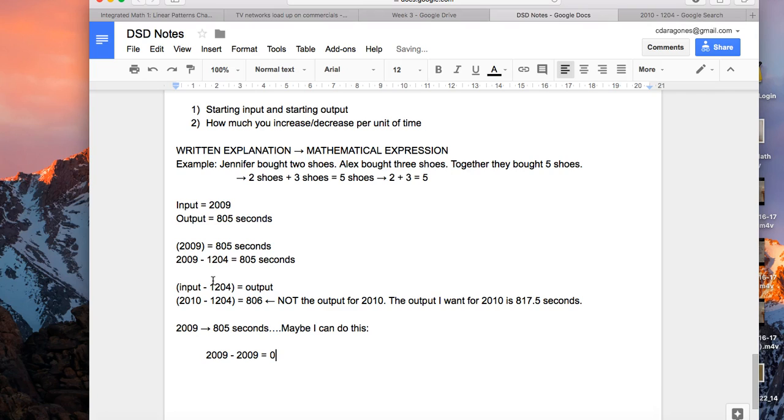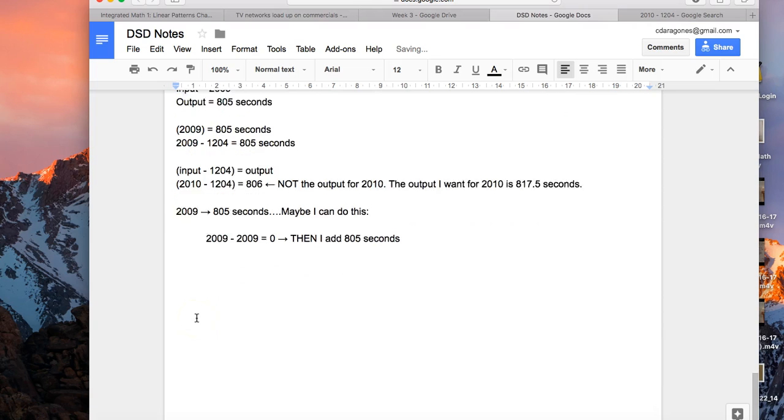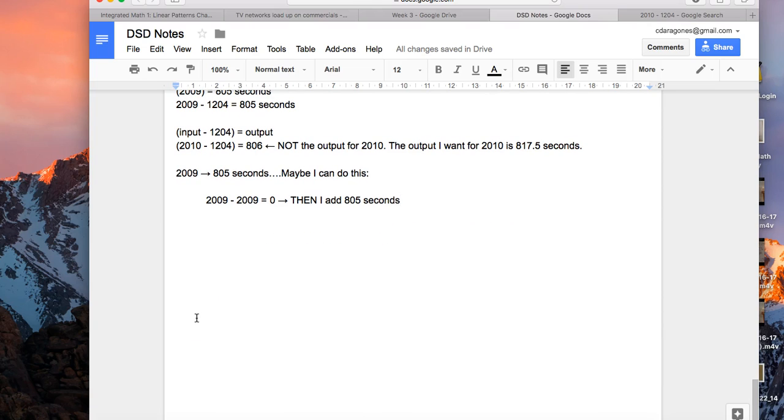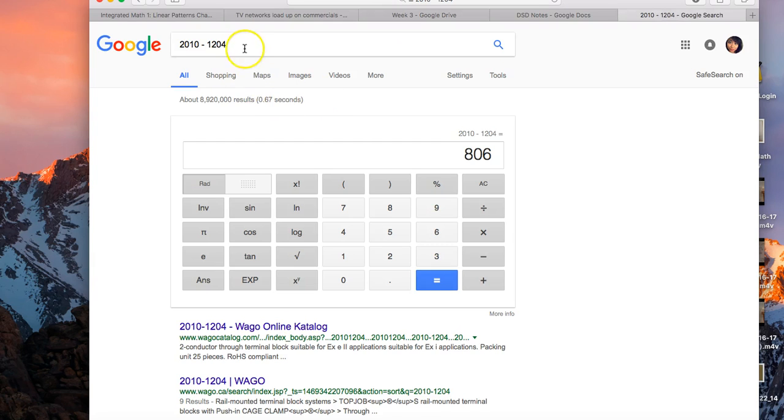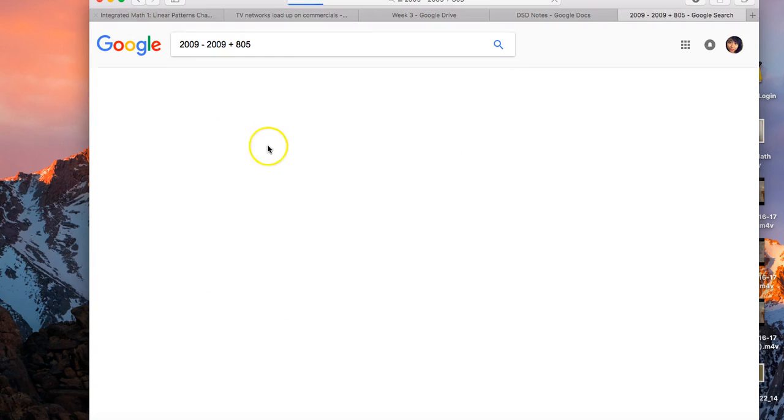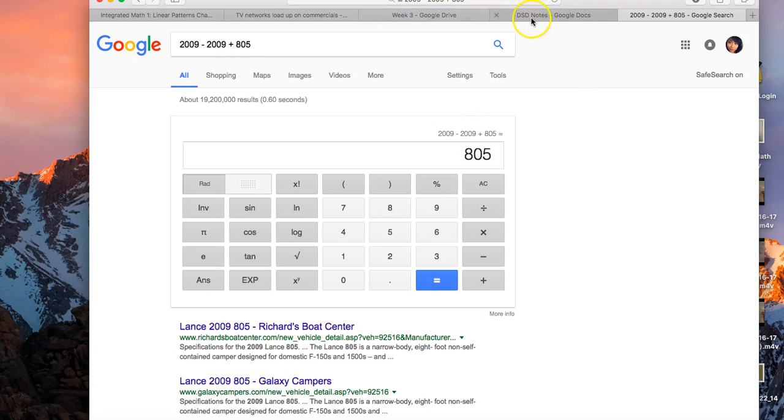Then I add 805 seconds. So maybe what I need to do is subtract 2009 and then add 805 seconds. So if I do 2009 minus 2009 plus 805, you can see that that is 805. So I get the output that I want.